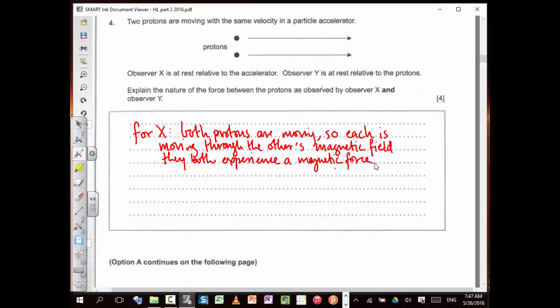Okay, they both also experience an electrostatic force due to their charge.